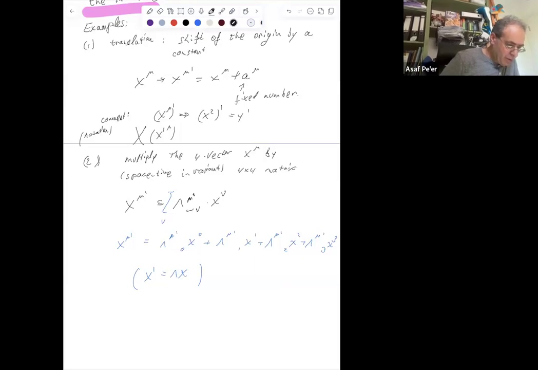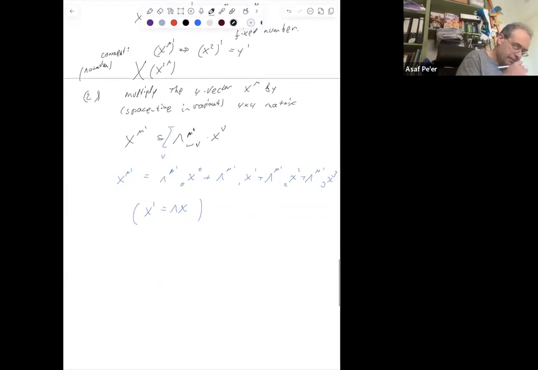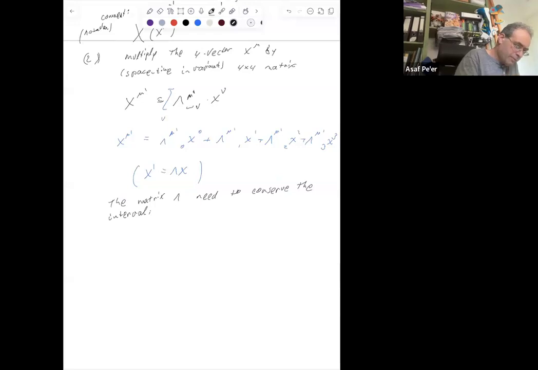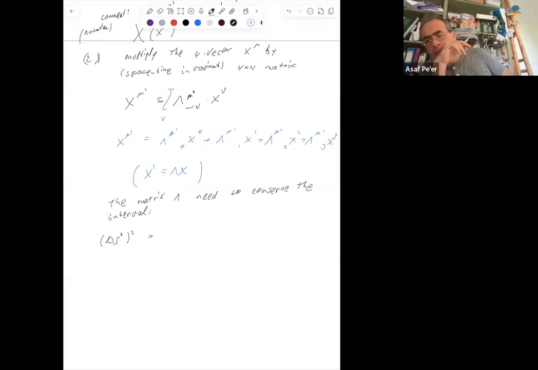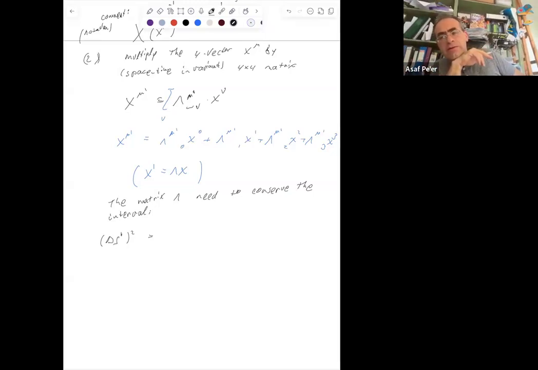Okay, and I said that I wanted to be conserving the interval. So the matrix lambda needs to conserve the interval. What does it mean? In the primed frame, delta s primed squared, everything is working in the primed frame.